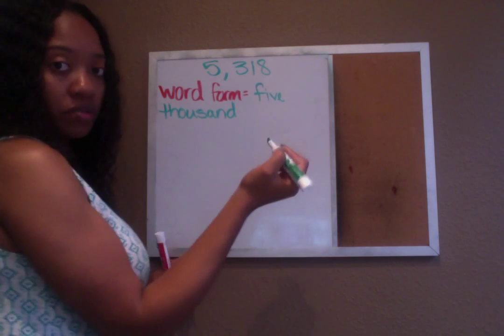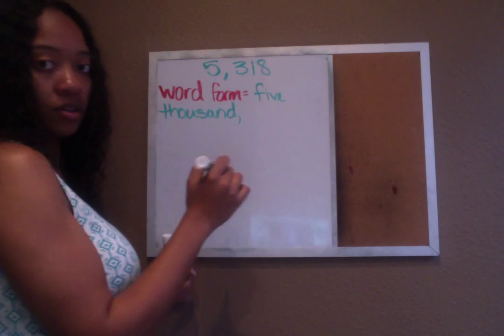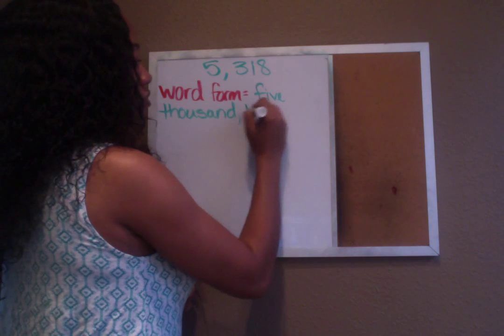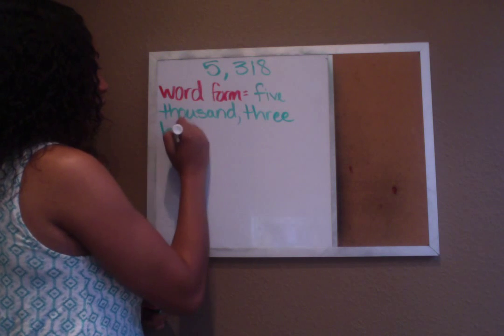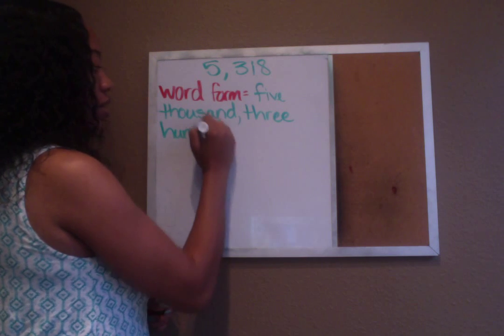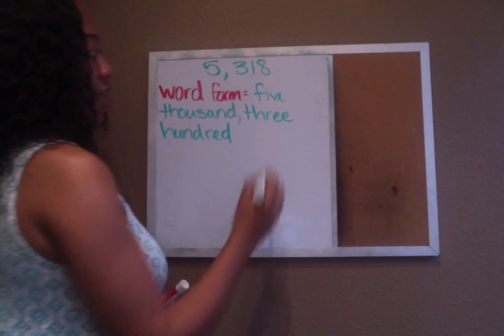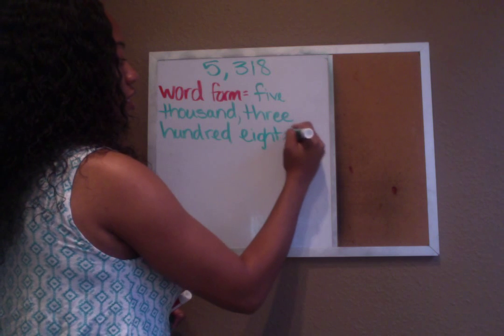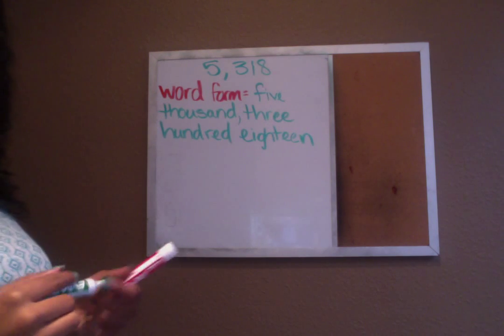If you want, you can put the commas, if it helps you remember where the comma goes in the standard form, that's fine. 5,000, comma, 3, THREE, 100, HUNDRED, 18, EIGHTEEN. That is the word form.